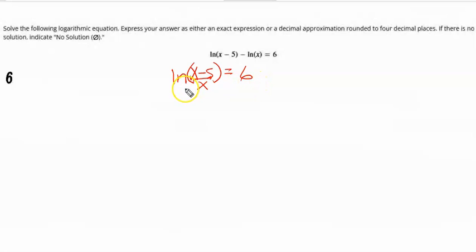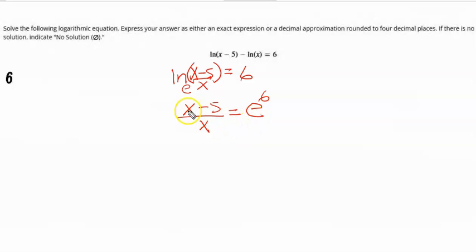Well, what is our base here? Remember, it was e. So it'll be x minus 5 divided by x equals our base, e to the 6th power. So we've gone from logarithmic form to exponential form.